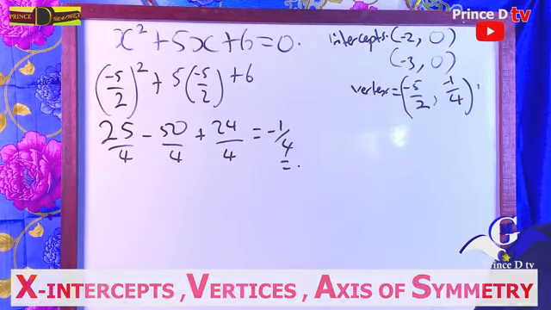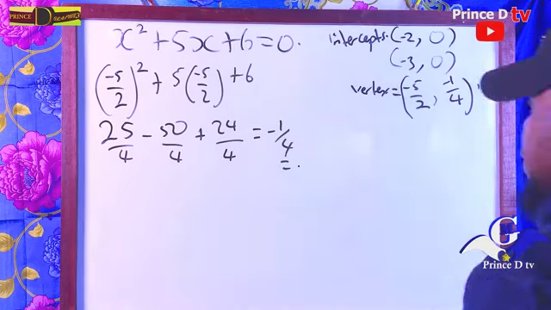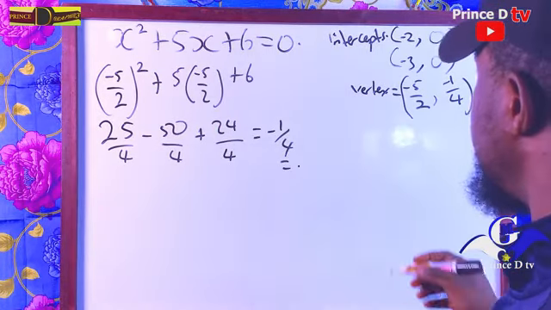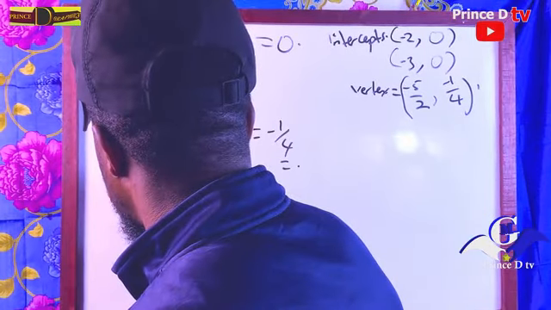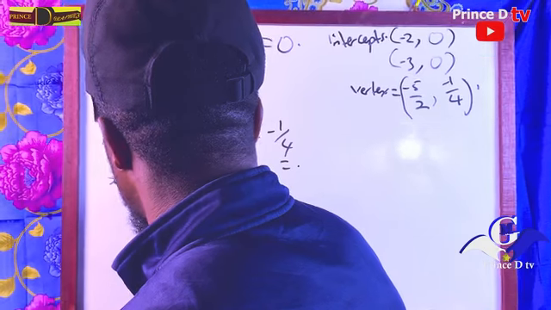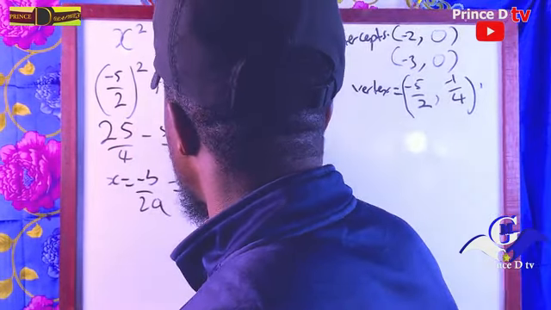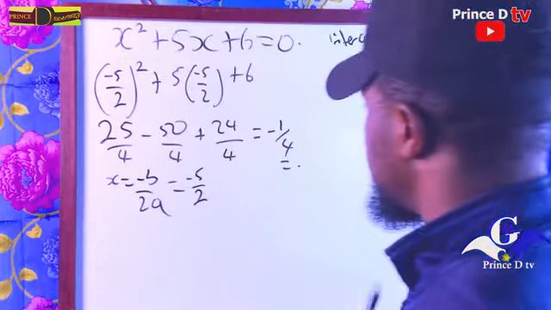And in step 4, we are to look for the axis of symmetry. The axis of symmetry is a vertical line passing through the vertex. The vertex x equals minus b over 2a, so this is where the vertical line passes. Looking at our equation, it's minus 5 over 2, the x part.